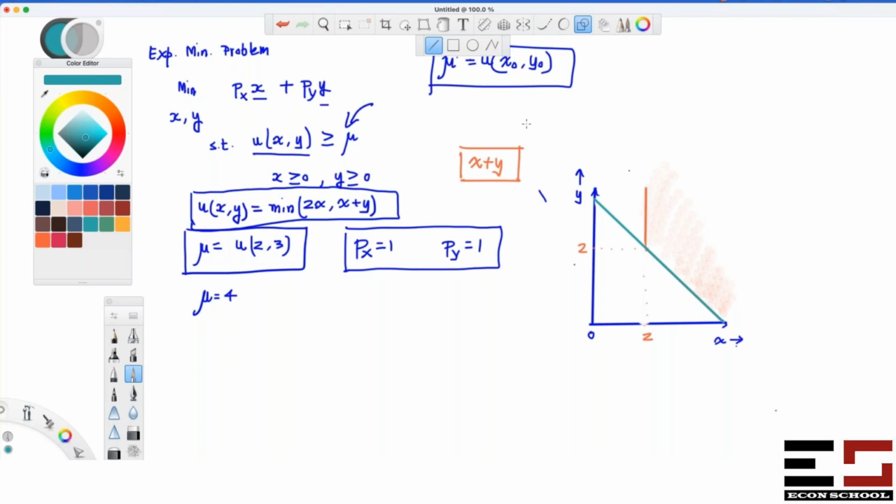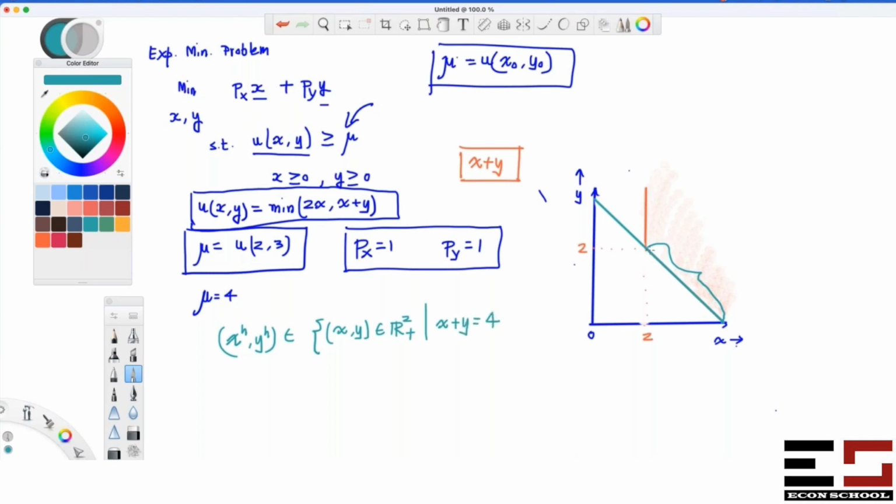And therefore, all these points are expenditure minimized. If you want to write the set of solutions, you can write it like this. The Hicksian demand belongs to this set: the set of (x, y) in R2 plus such that x plus y equals 4.